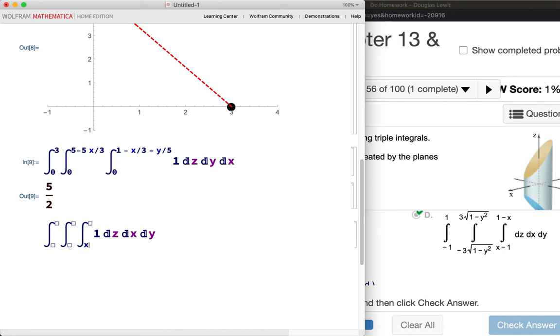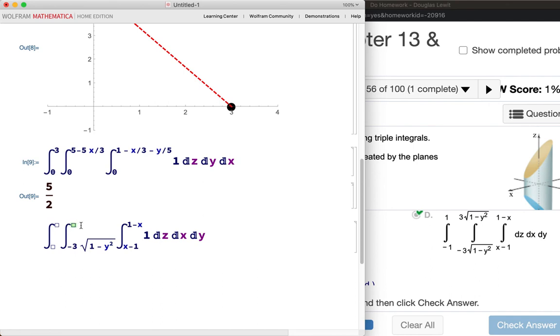Okay, the lower z limit is x minus 1, and the upper z limit is 1 minus x. And the lower x limit is negative 3. Control 2 gives me that radical sign. Negative 3, 1 minus y to the power 2.